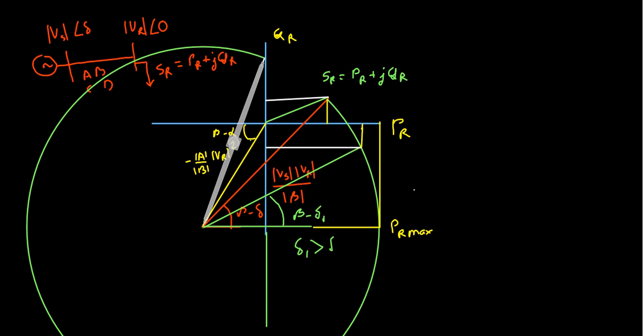So let me draw one more piece here. So now QR has become like this much. So from here to here is QR, and from here to here is PR.